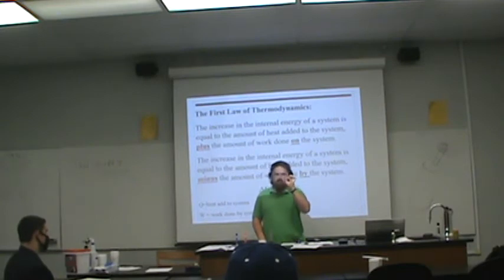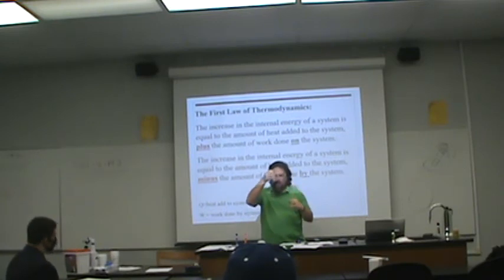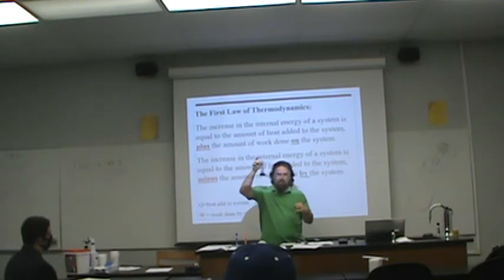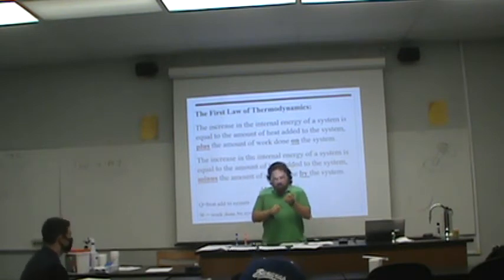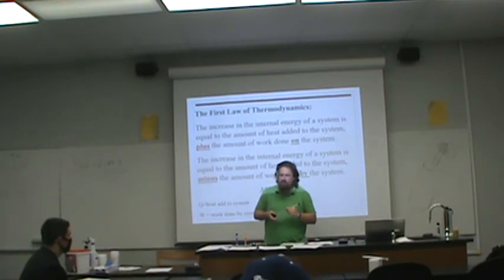This is literally lint from my pocket. I'm just going to drop that in. And now there is a small amount of pocket lint at the very bottom. The reason I've placed that in there is so that when I add energy into the system, it will cause a visual change that you can see.